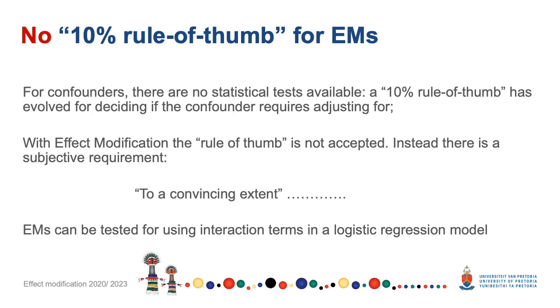Remember, for confounding, we said if it's 10% difference or greater, then there's probably confounding present. This doesn't apply for effect modification because we now have a statistical test that we can perform.